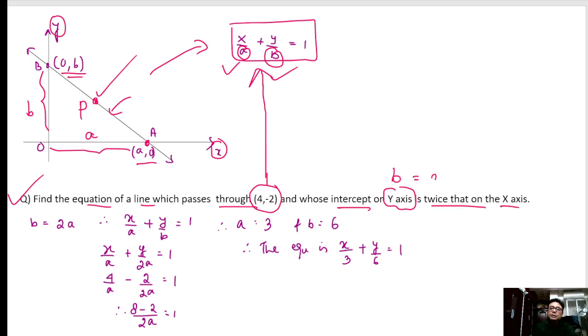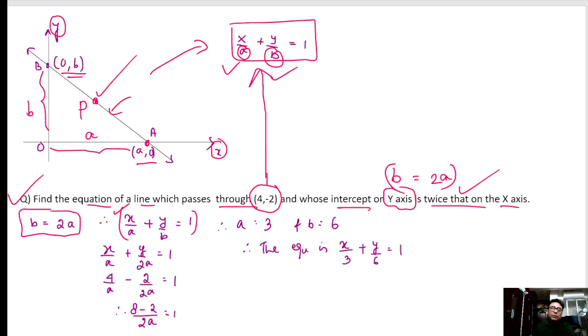That means b should be 2a. Okay, the intercept on the y-axis is twice the intercept on the x-axis. So using this concept, and because it is making intercepts, we can use the intercept form.